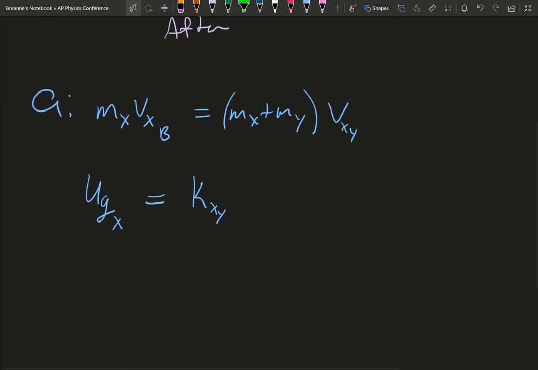You can break that down to MX g hX equals 1/2 times the combined mass times Vxy squared. So you're looking at this type of equation.